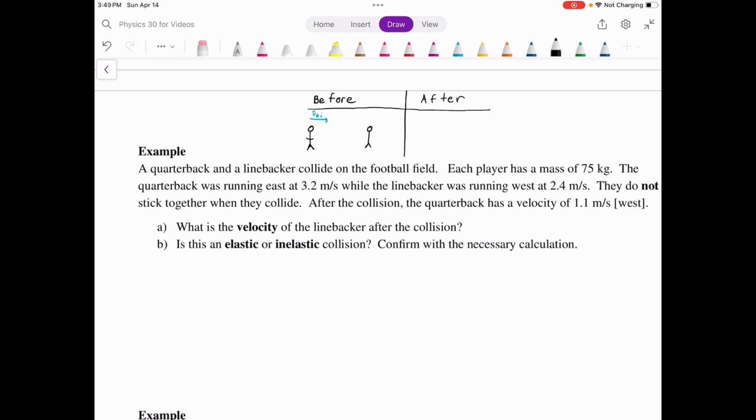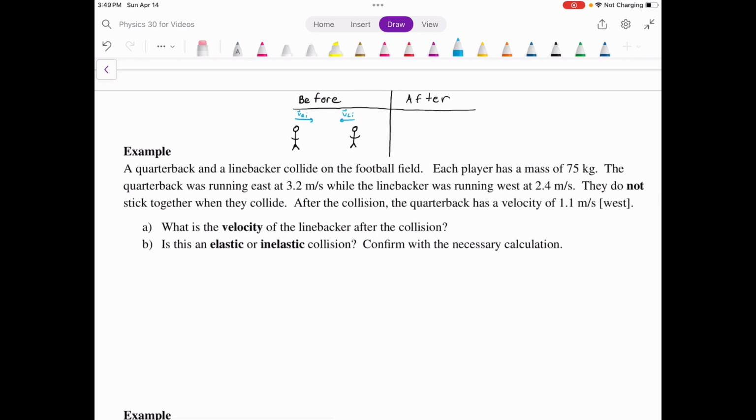And then we have the linebacker who was running west. So V linebacker was to the west initially, okay? Now, afterwards, we do know the quarterback's velocity. We don't know the linebacker's velocity. That's what we're trying to figure out.